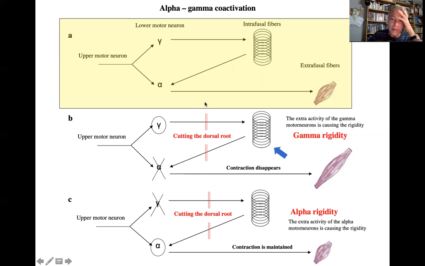When we have an increase in muscle tone, if we cut the dorsal root and the rigidity disappears, we say it's a gamma rigidity, which means the gamma motor neurons were the most important here. However, if we cut the dorsal root and the rigidity does not disappear, we say that the most important are the alpha motor neurons, so we have an alpha rigidity.